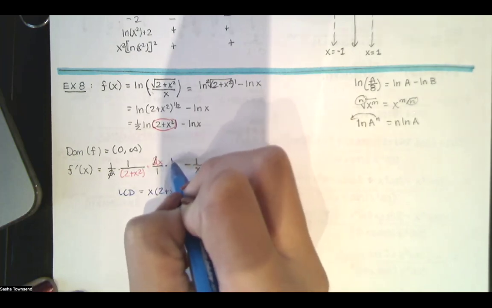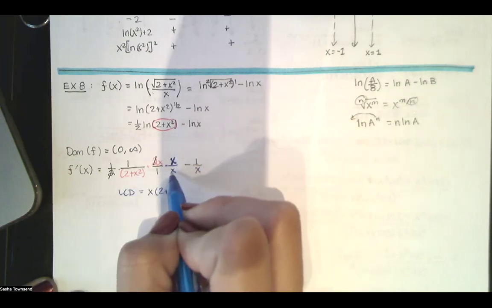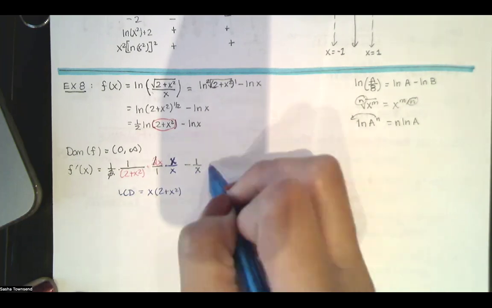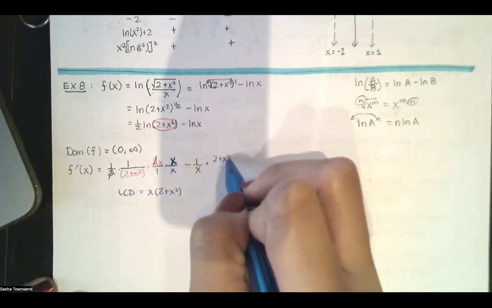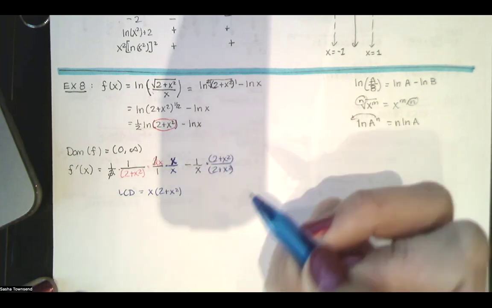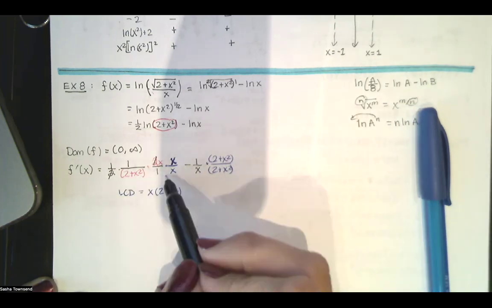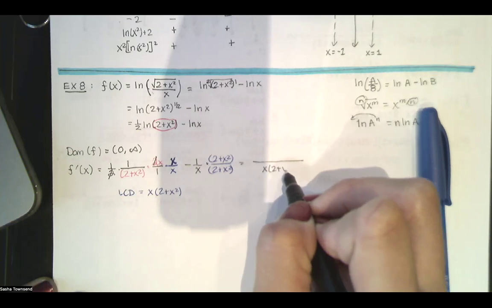So I multiply this one by x, divided by x, so that my new denominator has that x times the 2 plus x squared in it. Now on this one, the missing factor is that 2 plus x squared. So we multiply by 2 plus x squared divided by itself. And now these two expressions have the same denominator. It's just that x times the quantity 2 plus x squared.